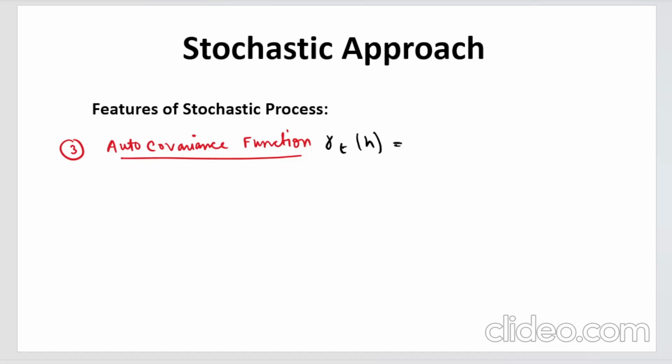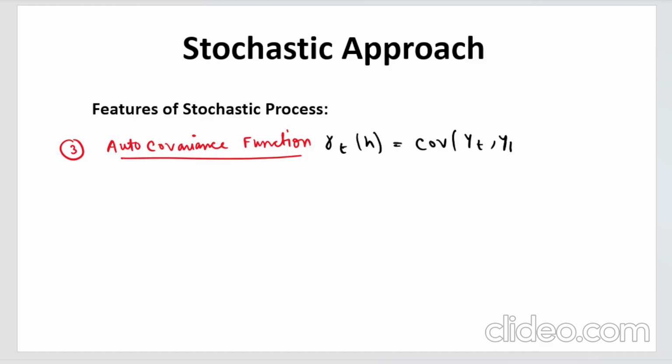Now, what is the third feature? The third feature is something called the autocovariance function. This autocovariance function is defined as gamma t,h, where h is the lag. I'll be talking about this.